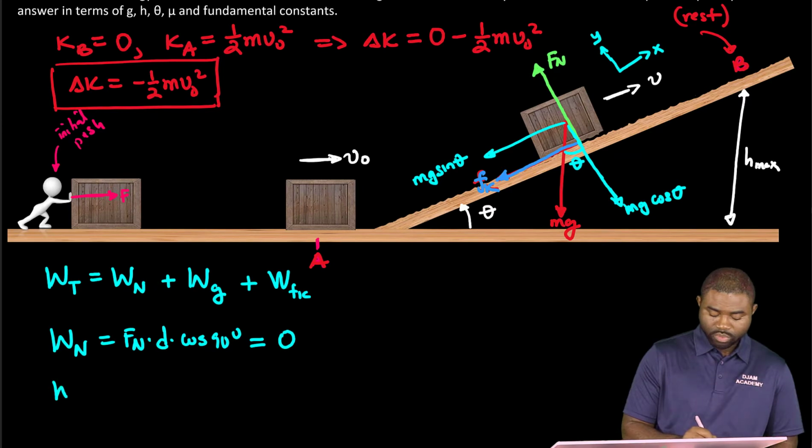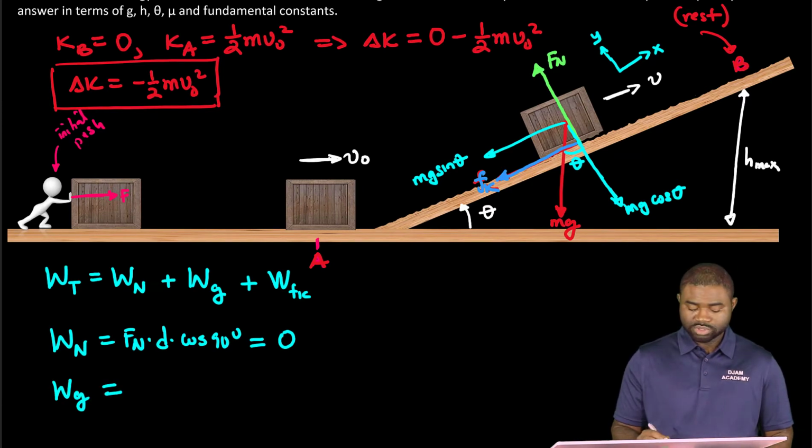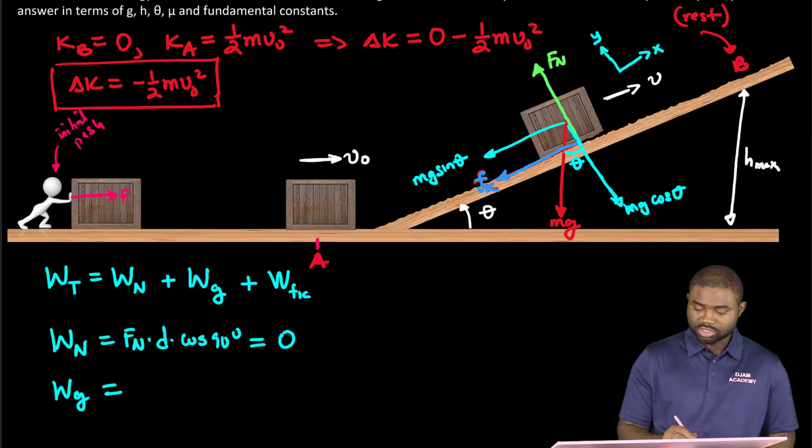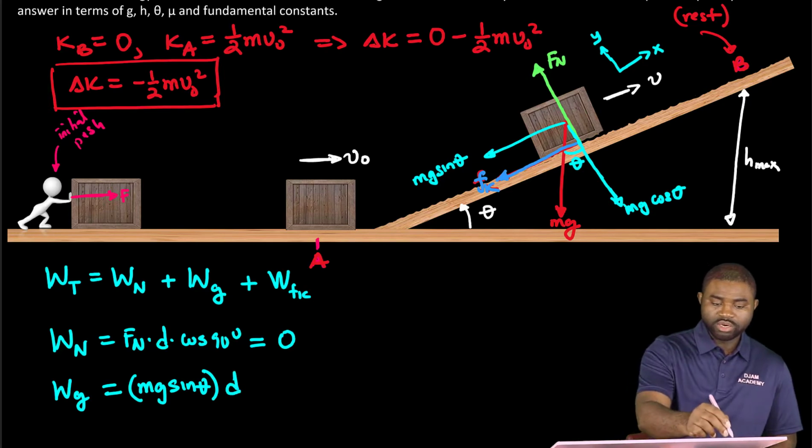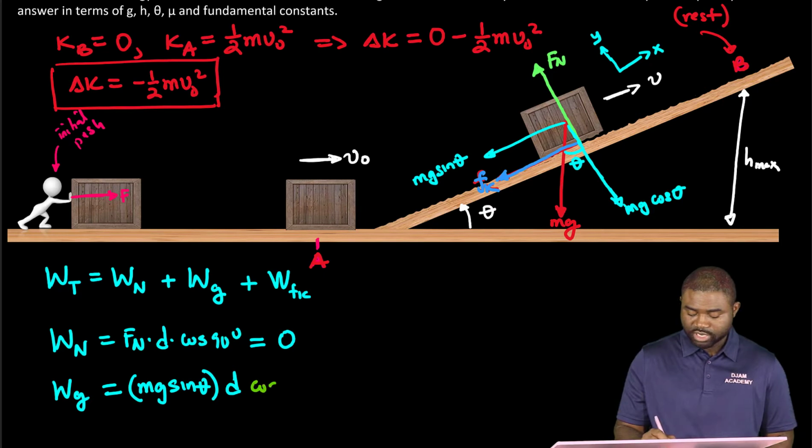Similarly, the work done by gravity is going to be equal to the component of gravity in the direction of displacement multiplied by the displacement. So this is going to be mg sine theta multiplied by d, and we're going to put here cosine of 180 degrees.